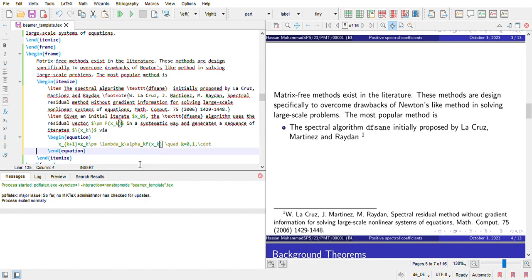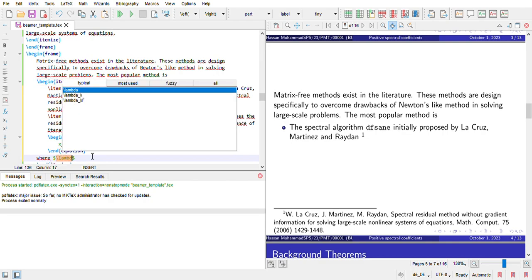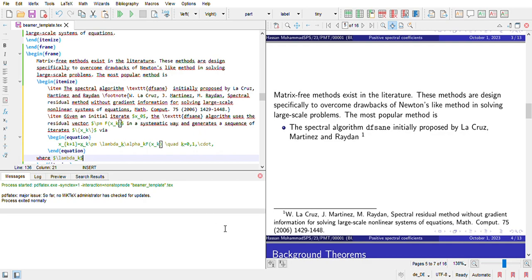Then I have to put a comma here. Then I have to go outside the equation environment. I say where. I will start with which one comes first, maybe lambda, lambda_k, where lambda_k is, what is lambda_k?